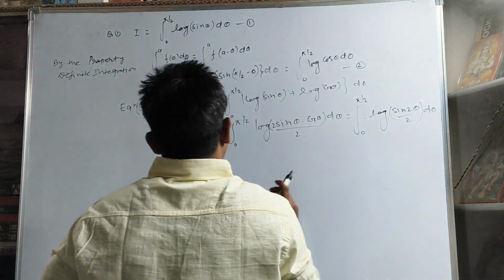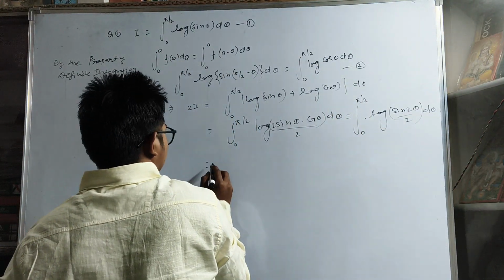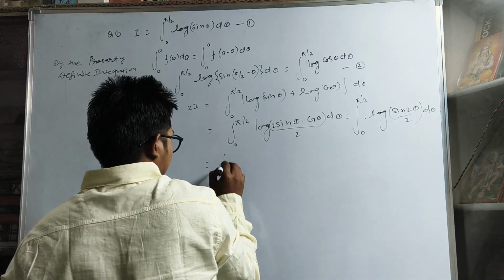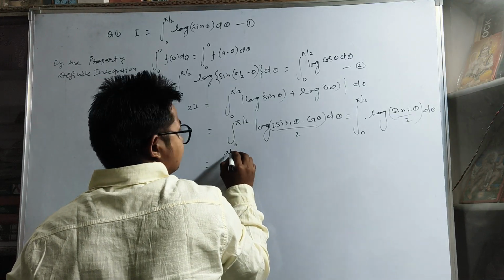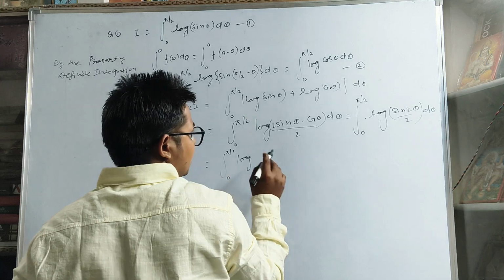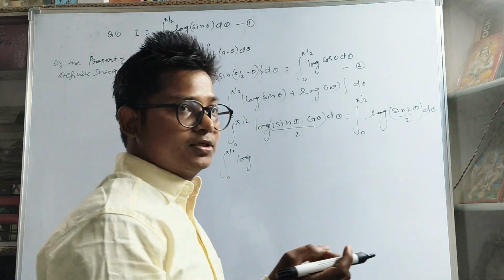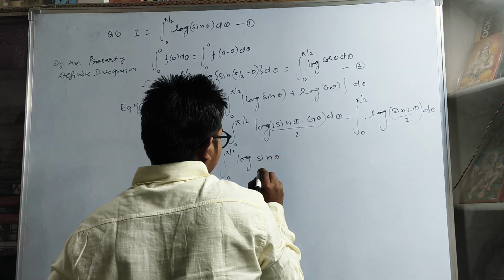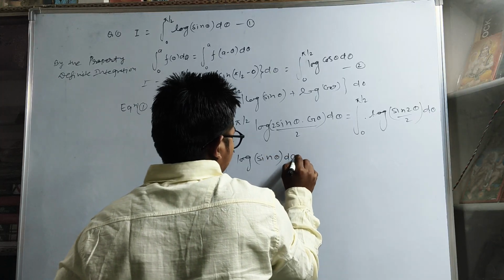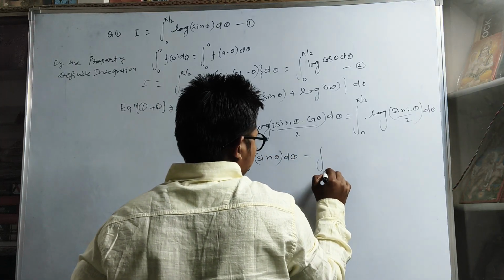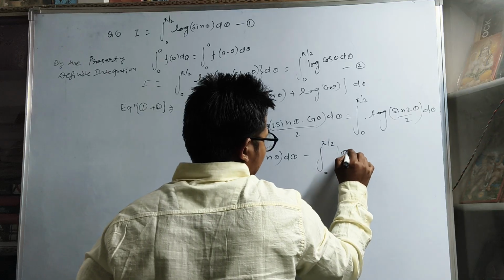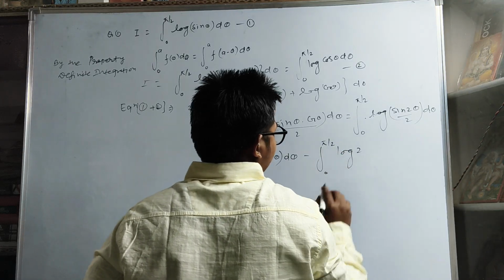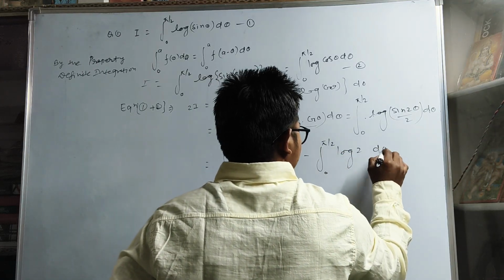Now 2 is constant, so we can write also 0 to pi by 2 log m minus n. Log m by n is what? Log m minus log n. So you can write log sin theta d theta minus 0 to pi by 2 log of 2 d theta.